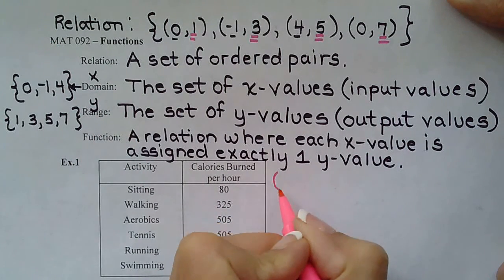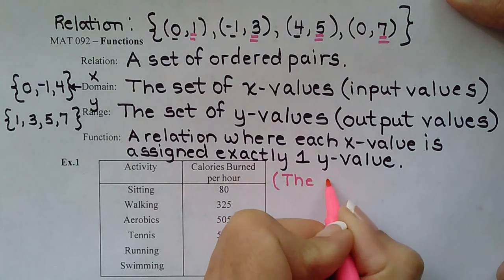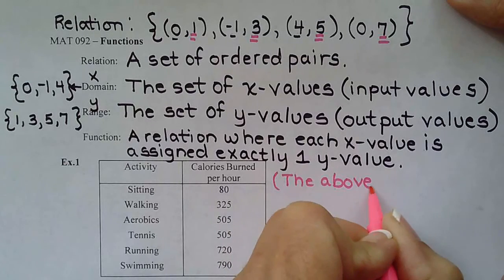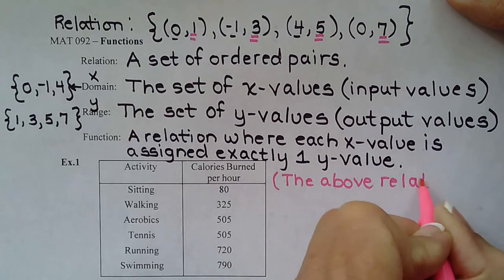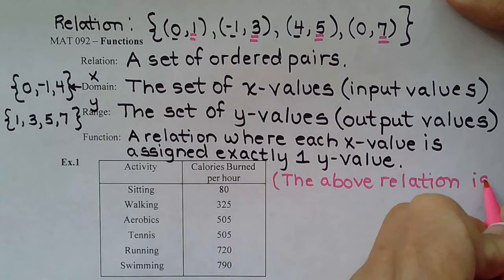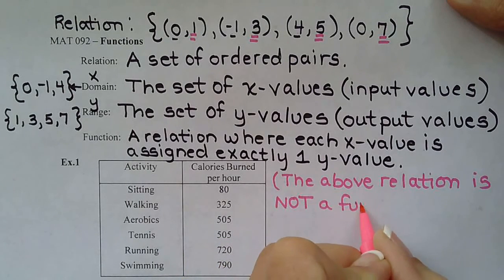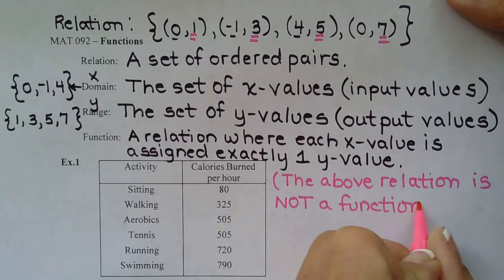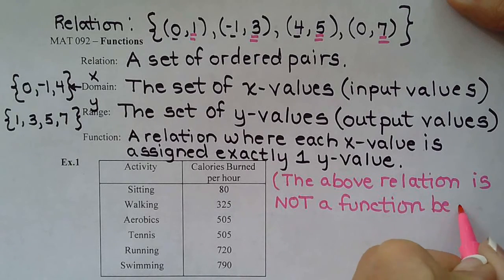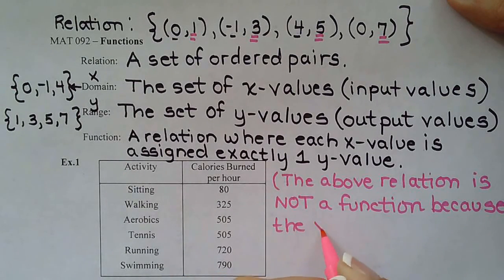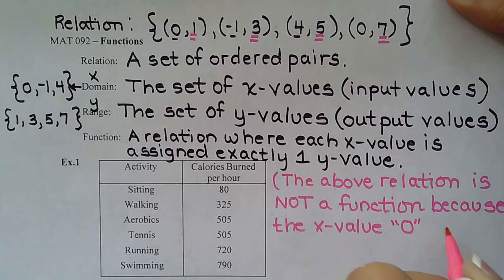So let's write that up here. The above relation is not a function because the x value 0 is assigned 2 different y values.